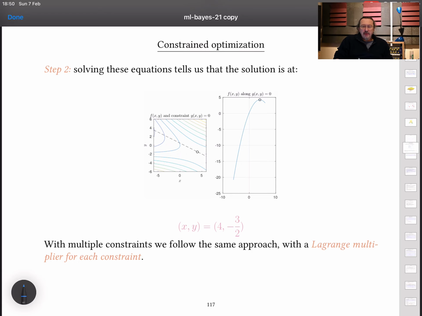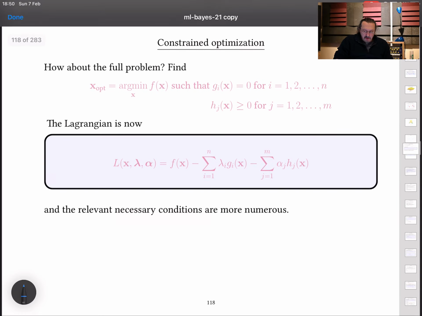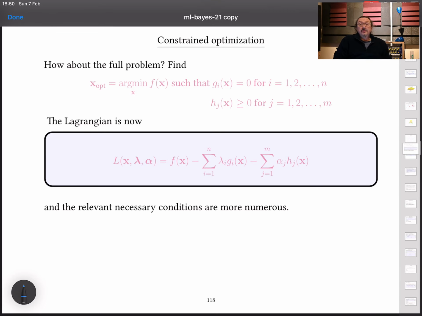So we're going to want to go a little step further than that. In the problem that we're going to need to solve, we actually need inequality constraints as well, and I've written that in a more general form here.